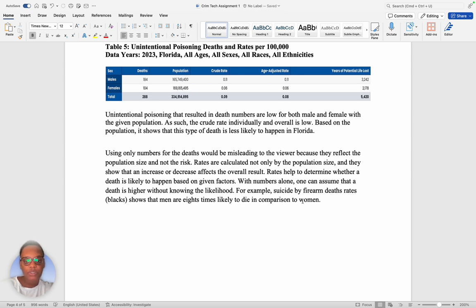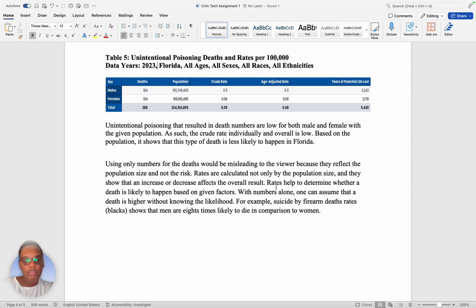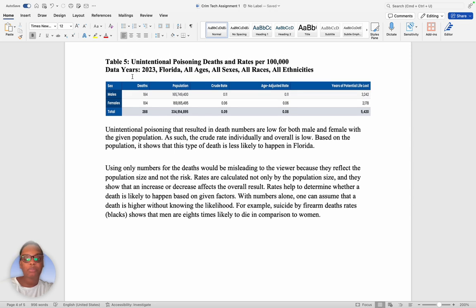For example, the suicide by firearm rate for black people shows that men are 8 times more likely to die in comparison to women, as I had mentioned earlier. So it shows the likelihood, right? Let's use table 5 as an example.